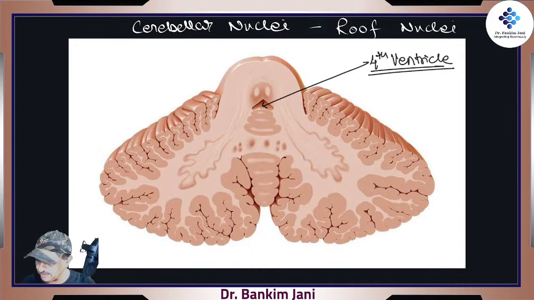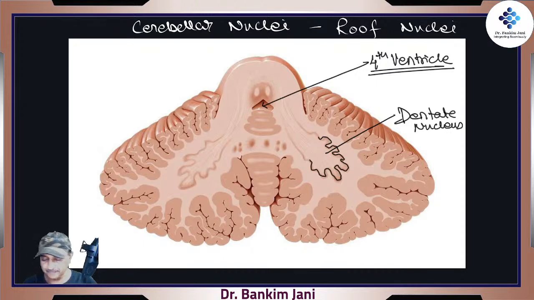One is really big and tooth shaped. I don't know whose teeth are like this, such bad teeth, but still this is called the dentate nucleus. No big rocket science, just by looks we know that it is the largest. So that is what is called the dentate nucleus.